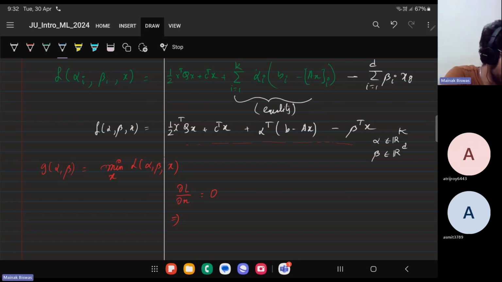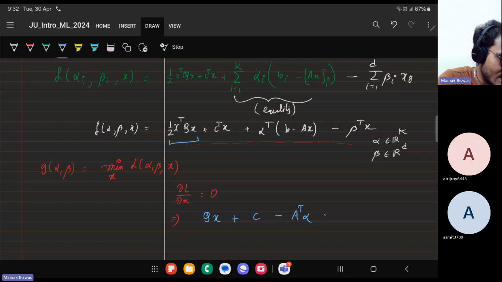We have done this already. The derivative of X transpose QX is 2QX, and the 2.5 cancels. C transpose X we have already done, which is C. We have also done the derivative of AX, which is A transpose alpha.